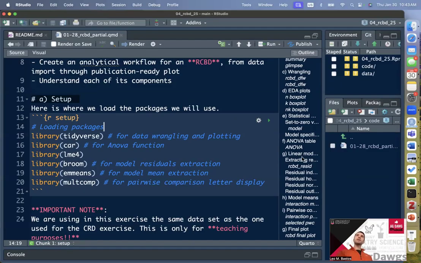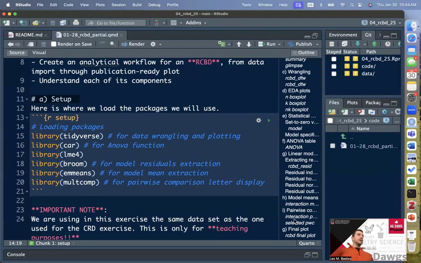We need to check the validity of our model assumptions, and we'll talk about model assumptions when we get to that point. Once we check our model assumptions are met, then we use this model for inference. So then we extract means from the model, we do pairwise comparisons with this model, and combine all that into a final publication ready plot that incorporates different components of this analysis.